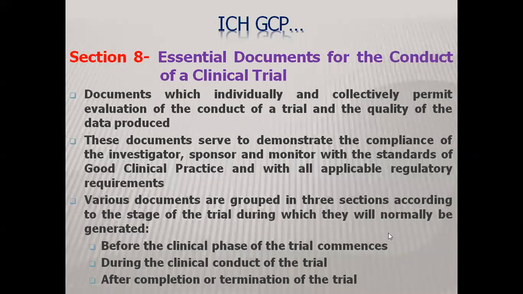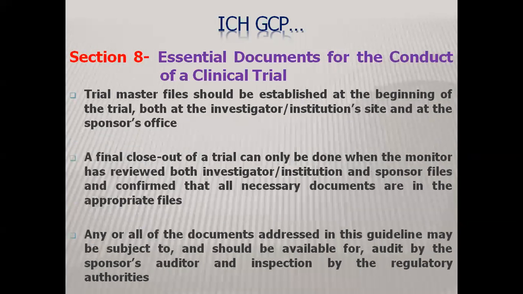Then during the clinical conduct of the trial, there are some documents which you need to produce, keep, and keep track of. And then after completion or termination of the trial. So at these three phases, you will need some documentation, and that documentation is known as essential documents for the conduct of a clinical trial.